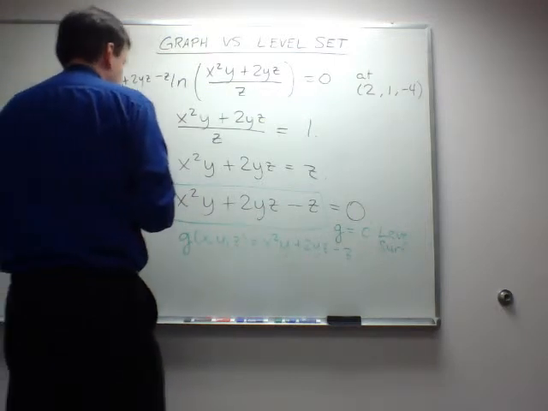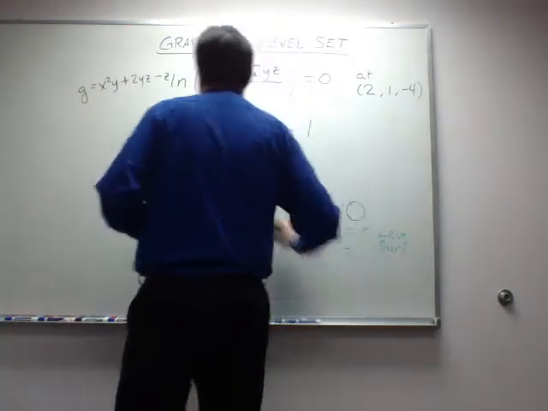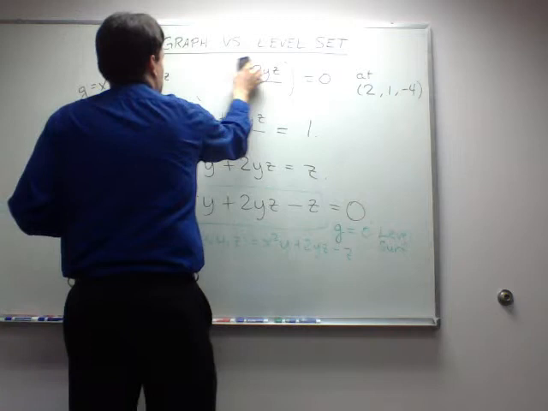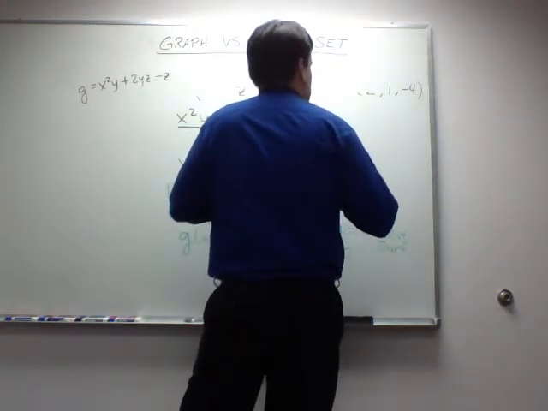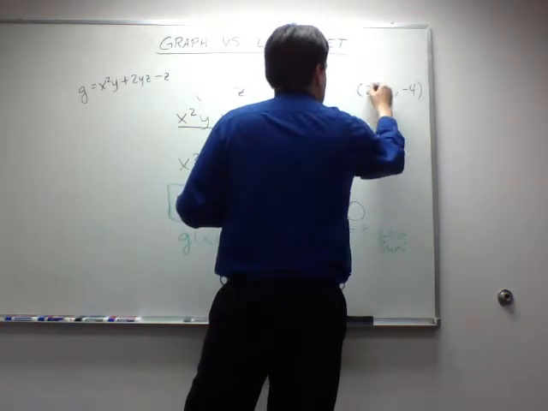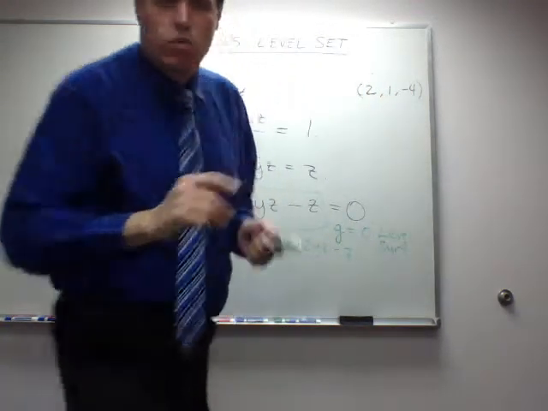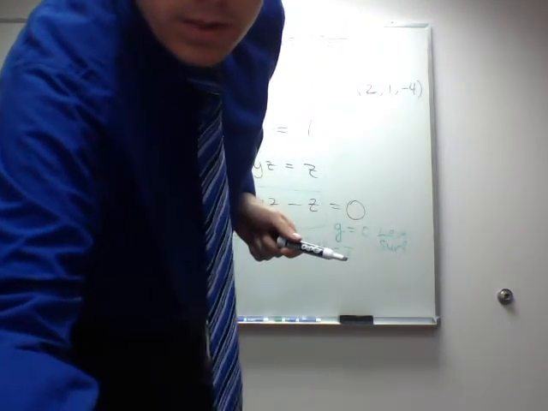I'm going to get rid of everything else so that it's not cluttered. Oh, wait, I still need my point, though. Let's check that. It was 2, 1, negative 4. Yes. Okay.